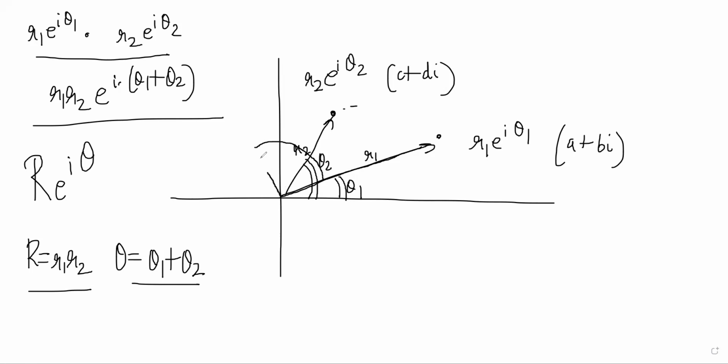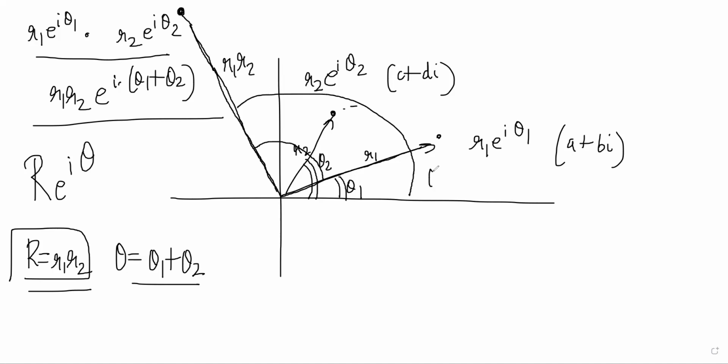This is the line on which the final complex number will lie. Also, the length of that line will be the product of R1 and R2, so the line will be stretched a little bit. This point makes an angle of theta 1 plus theta 2.